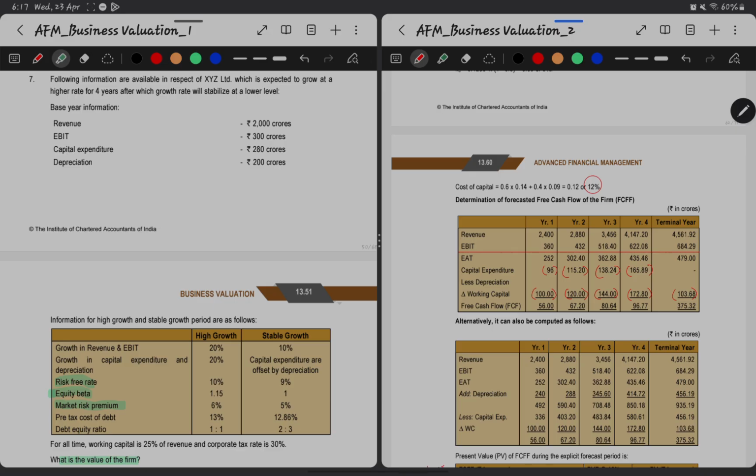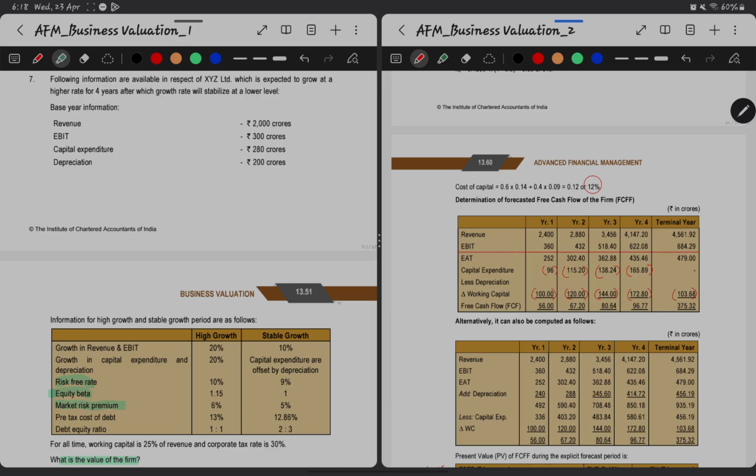So free cash flow to firm is nothing but the free cash which is available to all the equity shareholders, debt holders, and everybody, after meeting the basic working capital expenditure, the fixed capital expenditure and everything. What is the free cash available for the equity shareholders and debt holders?